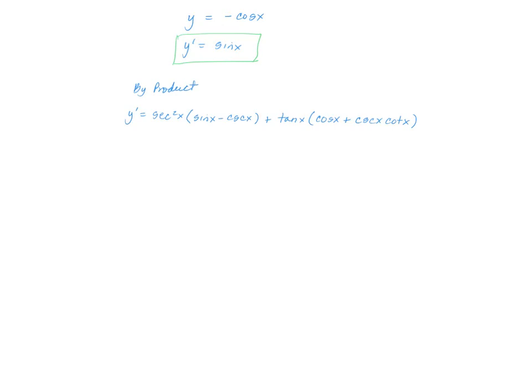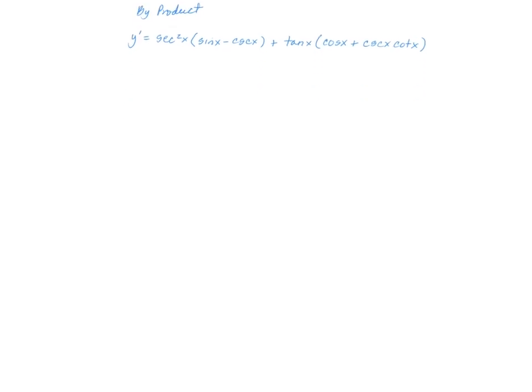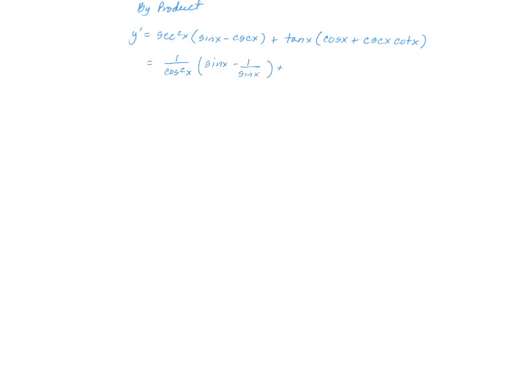And I would have to write this in the simplest form. So typically when you have a large expression like this and you don't know if it's simplified, change everything to sines and cosines and see what happens. So secant squared would be 1 over cosine squared. And then in parentheses we would have sine of x minus 1 over sine of x plus our tangent is sine over cosine.